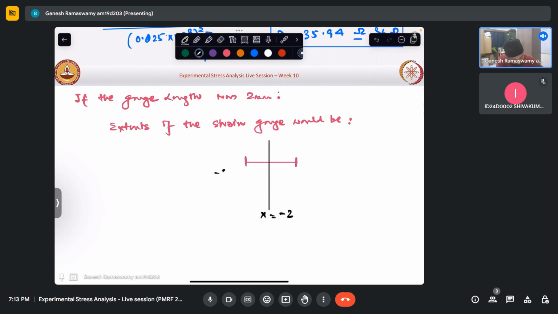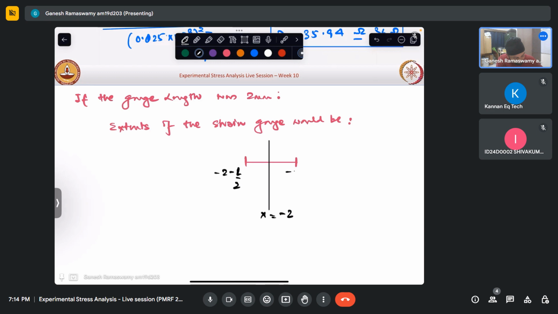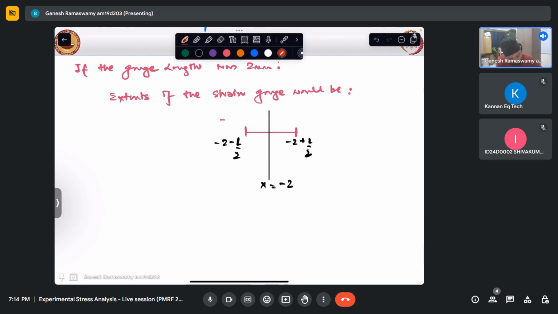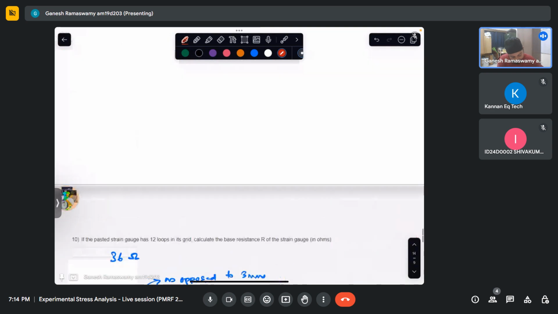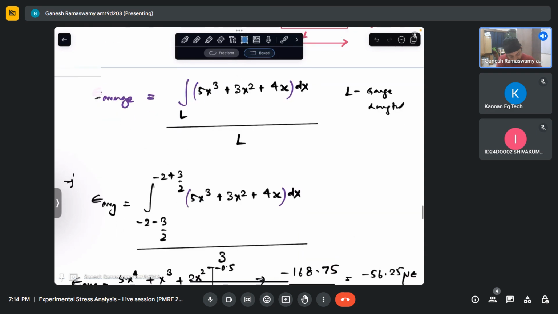So this will be minus 2 minus L by 2. This will be minus 2 plus L by 2, which happens to be minus 2 plus 1, so this will be minus 3, x equal to minus 1. So we have to do the same drill. So let us go ahead and put that here.